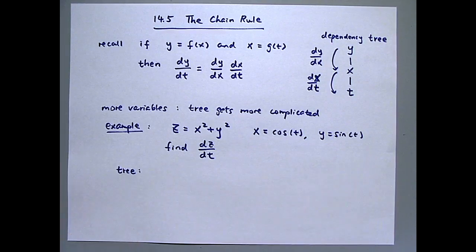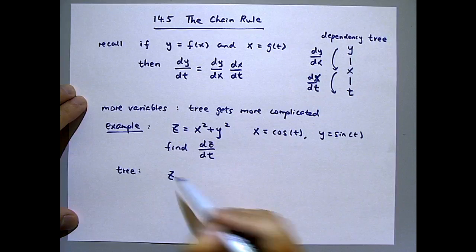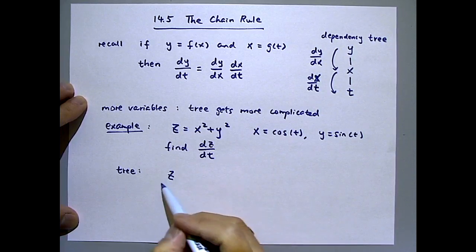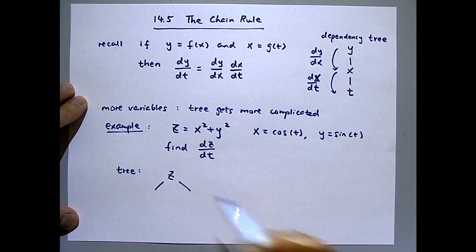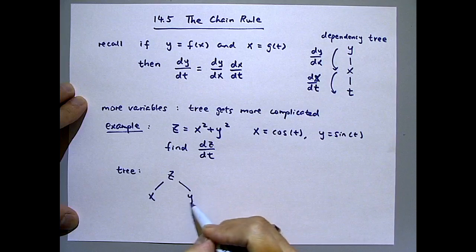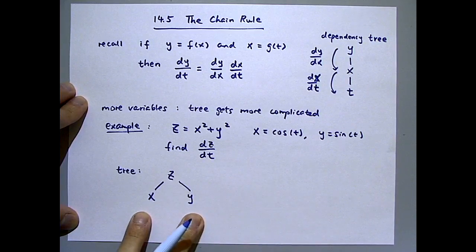Let's look at a variable tree. Now we have branches. Z is at the very top, right? Z is dependent on everything else. And z is going to depend on two things, on x and y, two intermediate variables.